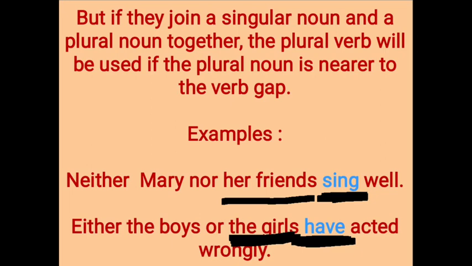So the subject that is nearer to the verb gap determines whether the verb should be in the singular form or the plural form. So these sentences are taking plural verbs sing and have respectively.